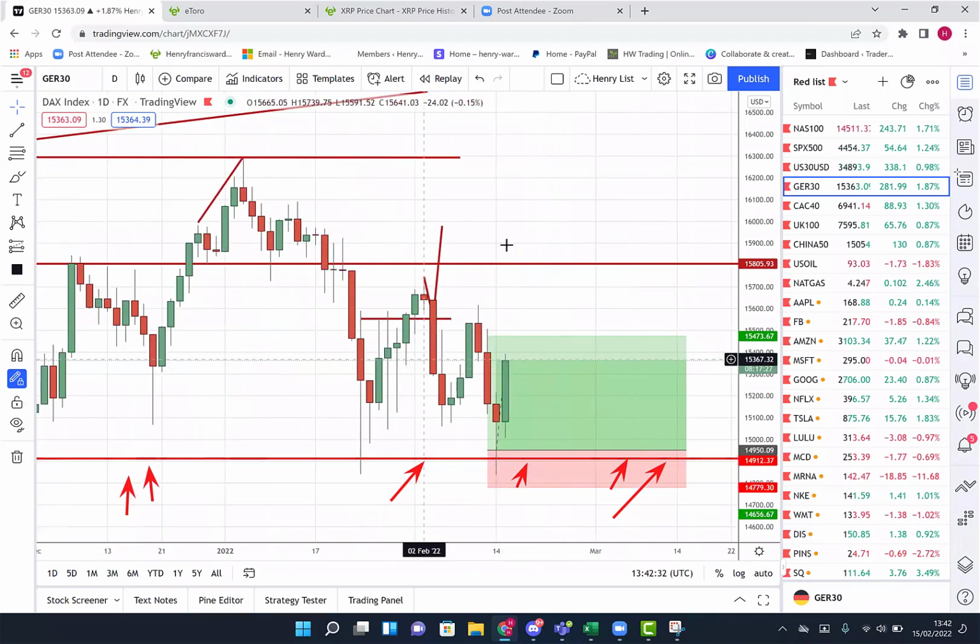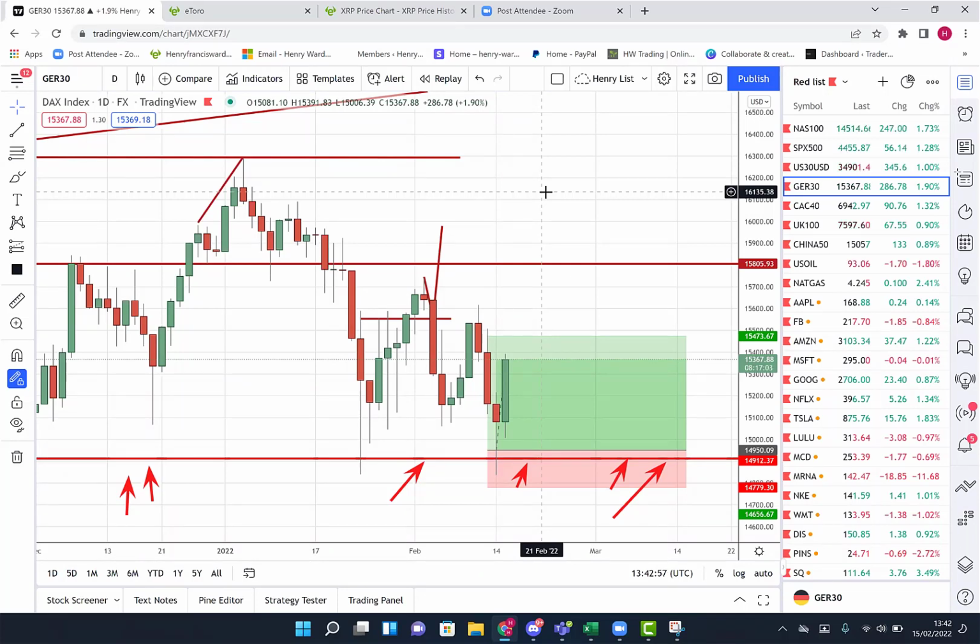Did anyone else other than Shane take that trade? Nope. Okay. It's not the end of the world, but again, it's showing you guys that this is possible. We're in a sideways market, but too busy worrying about war.